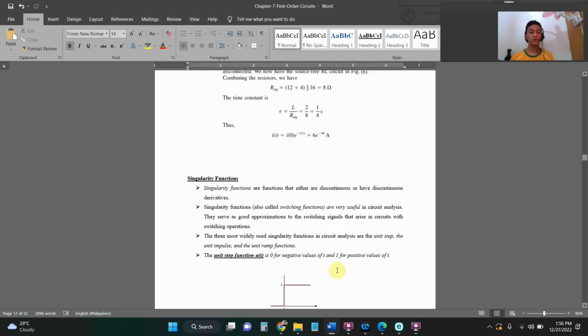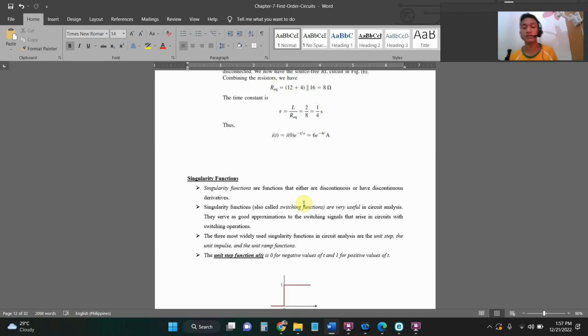Now let's go to singularity functions. We can say that a singularity function is a function that is either discontinuous or has discontinuous derivatives. Singularity functions are also called switching functions. They are very useful in circuit analysis.